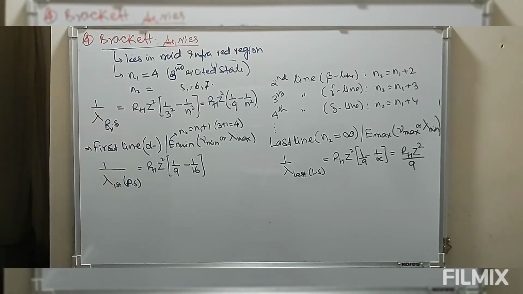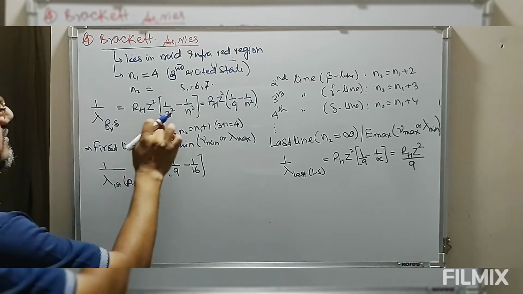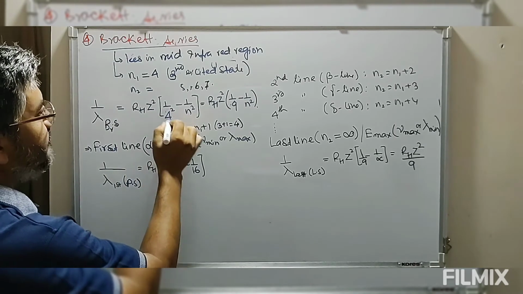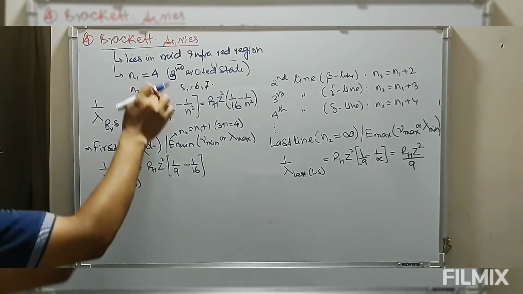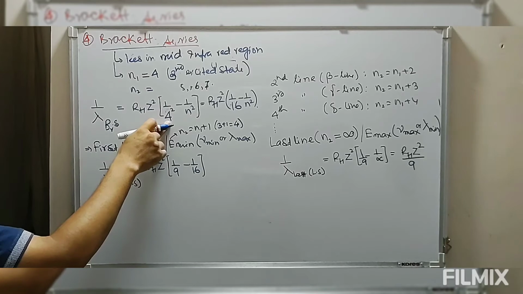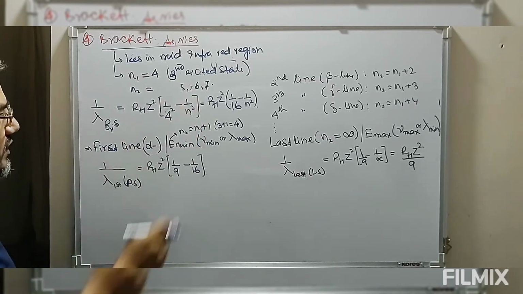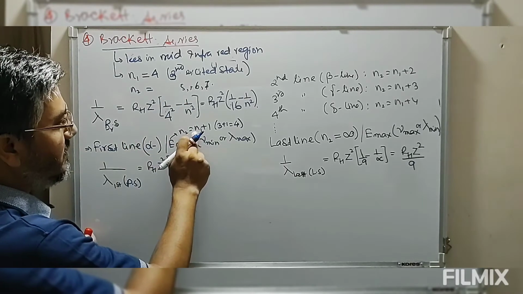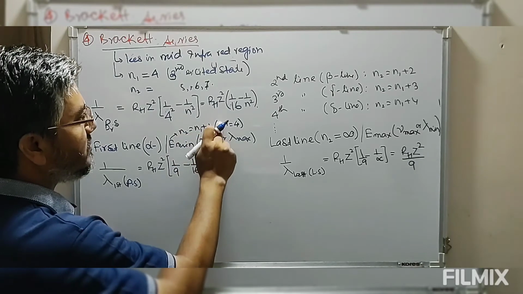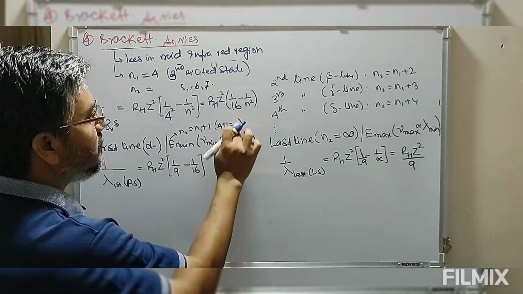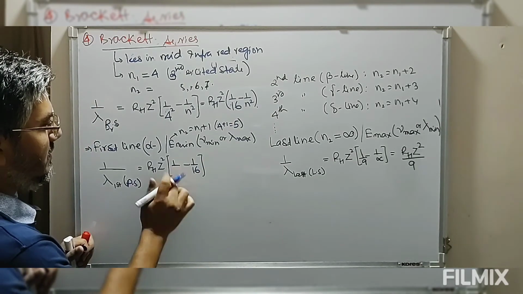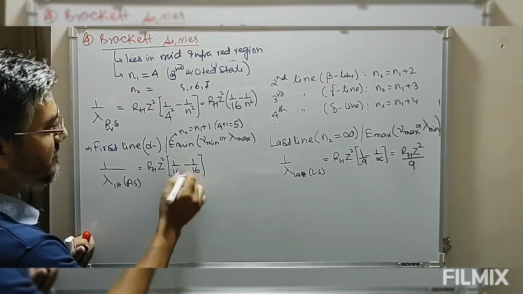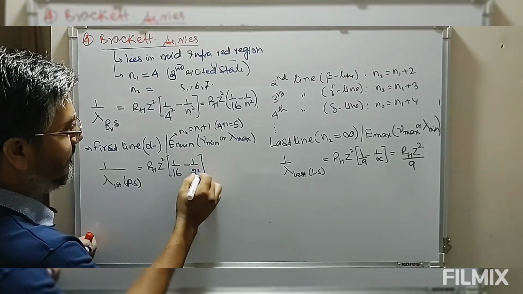The wave number for this Brackett series is, we have this, N1 being 4, so we have 1 by 4 square is 16, N2 is any value greater than 4. The first line, again look at this, N2 is equal to N1 plus 1, so N1 is 4, so 4 plus 1 is equal to 5. So we have this equation, this is 4 square is 16, 5 square is 25.